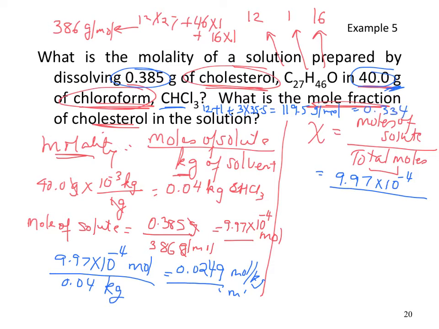So we are going to just simply add 0.334 plus 0.000997. So that gives me a numerator and a denominator of 0.334997.